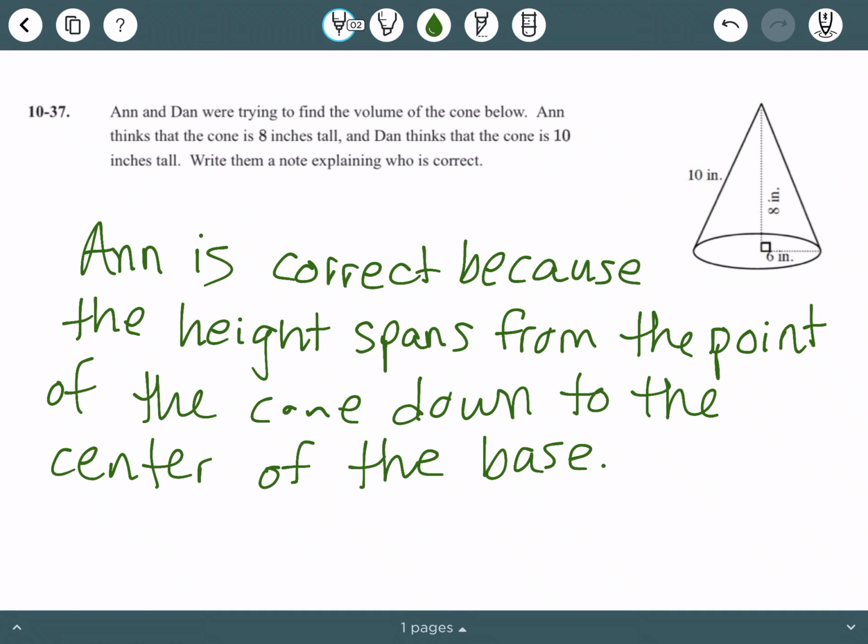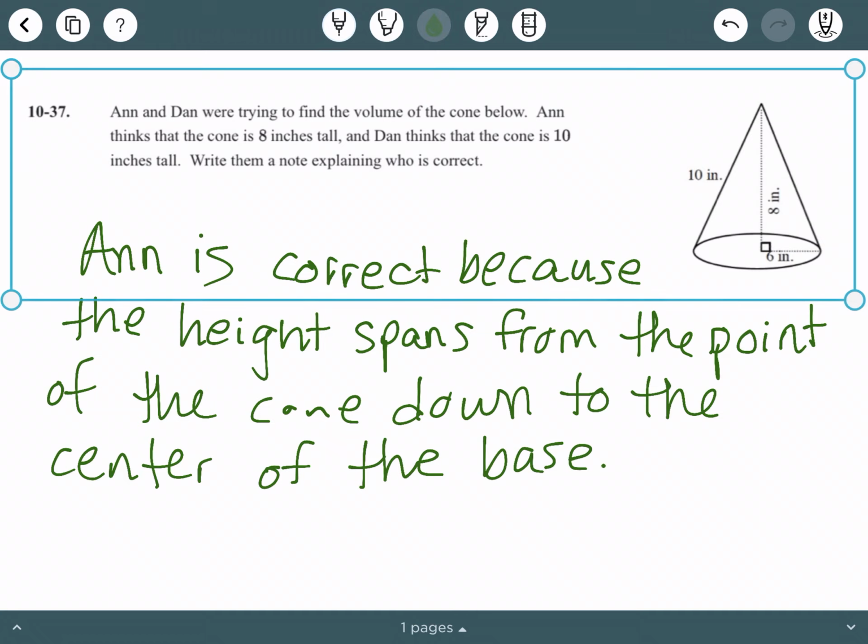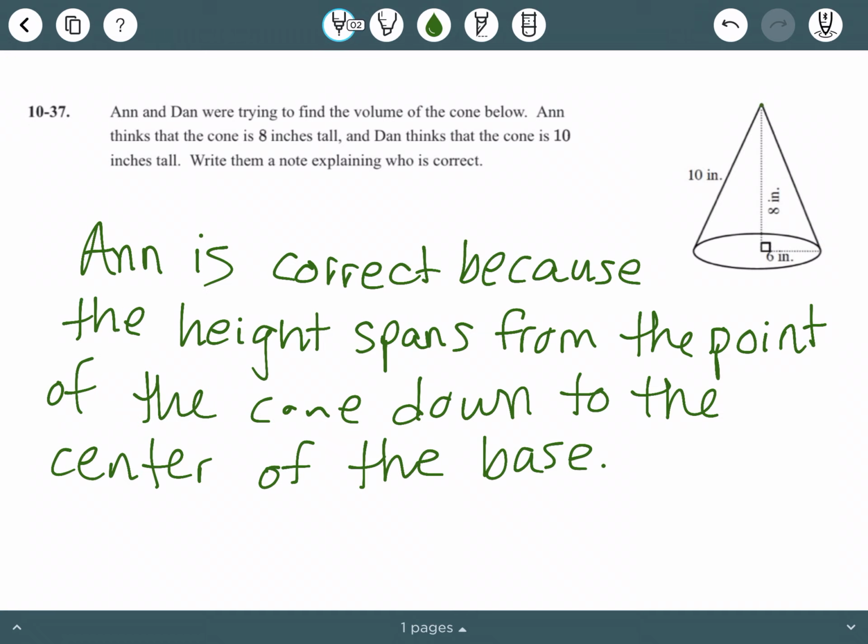All right, so you can see that again, the height is going from that tip top point of the cone, all the way down to the center of that circular base. So that's what the true height is.